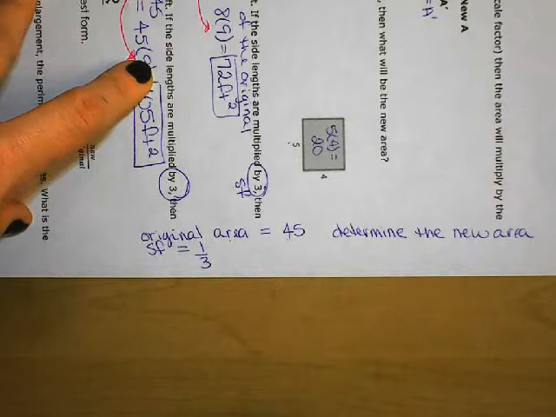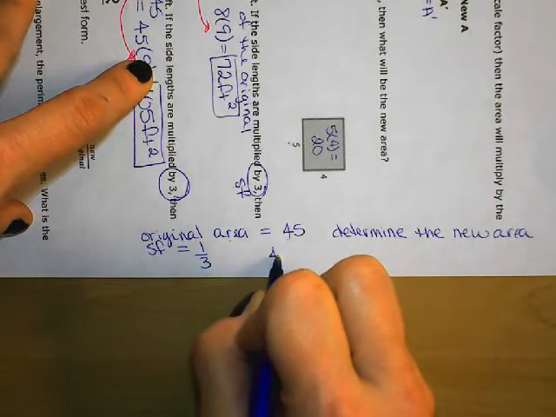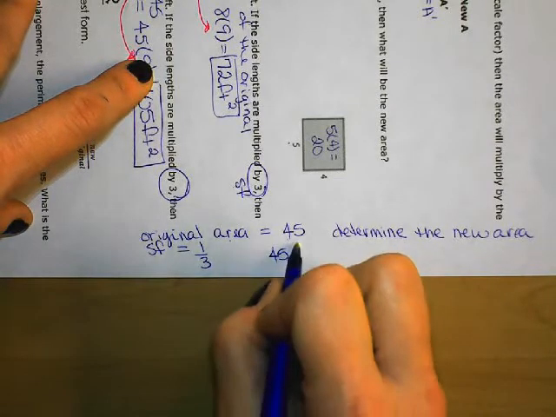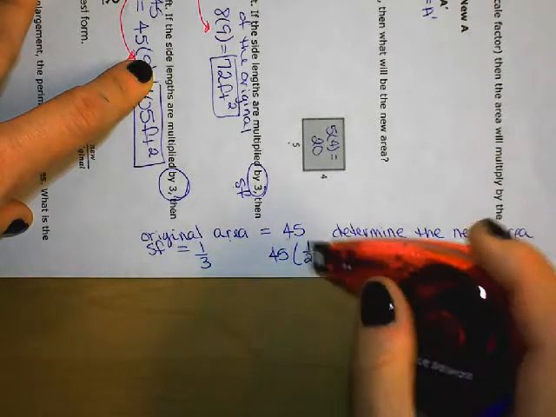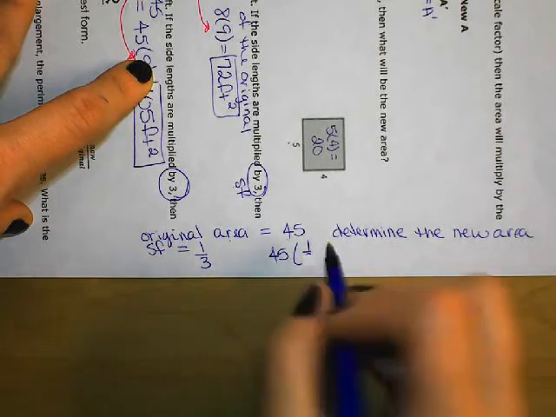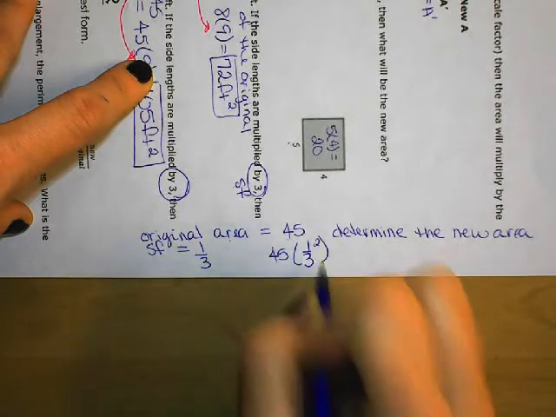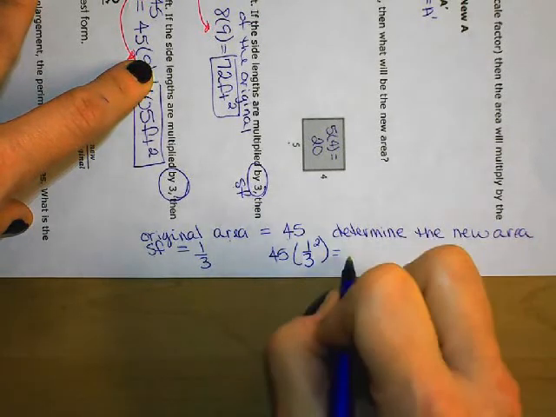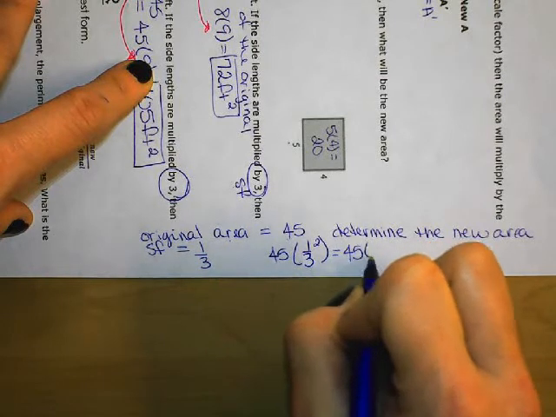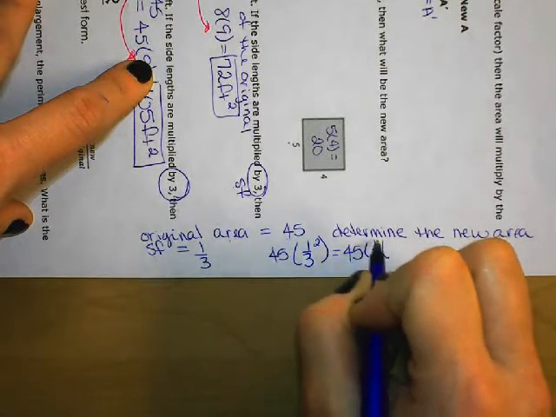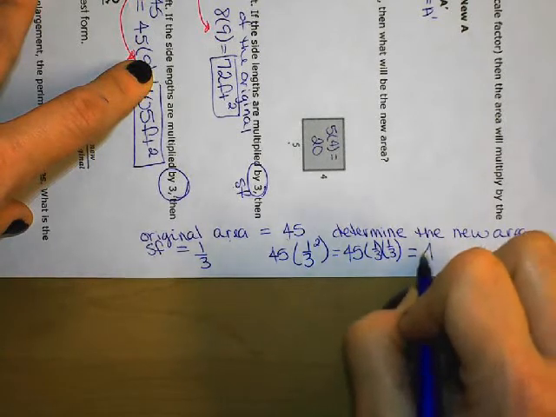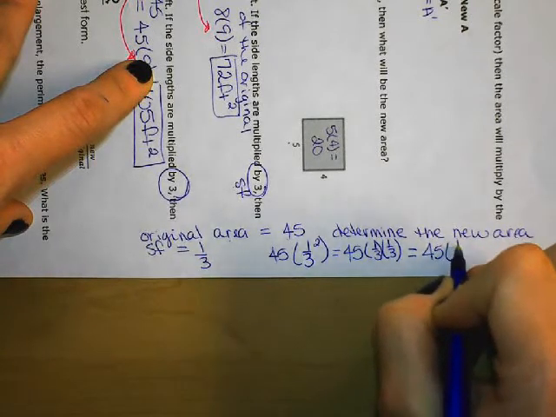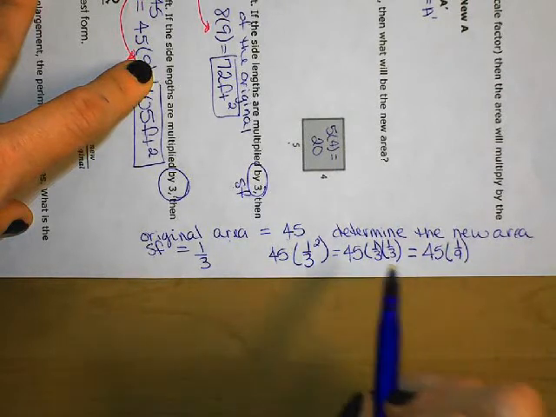I'm still going to go through the same process. I'm still going to calculate the area of 45 times the scale factor, 1/3 squared. It will be 45 times 1/3 times 1/3, which will equal 45 times 1/9.